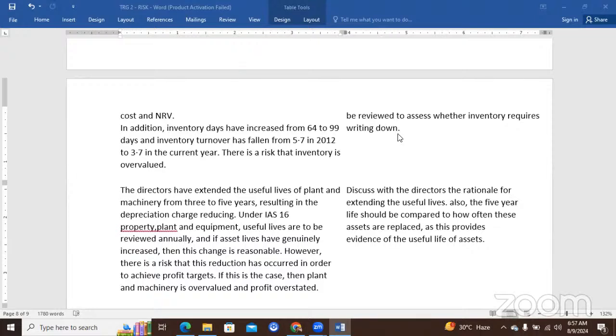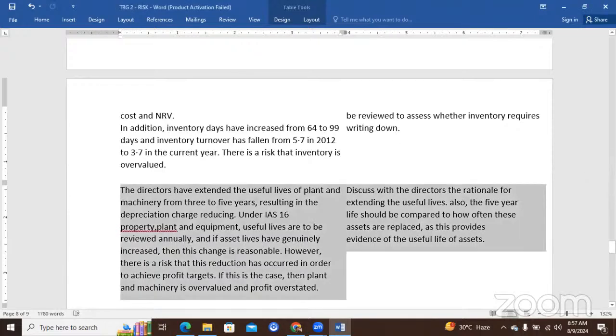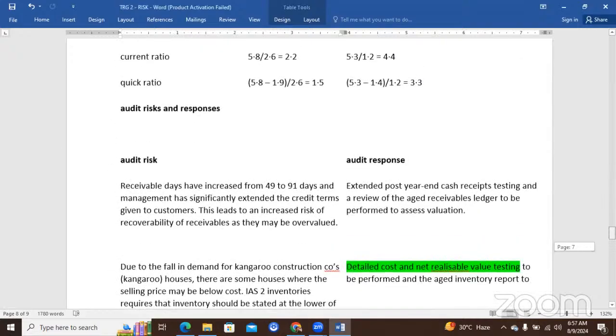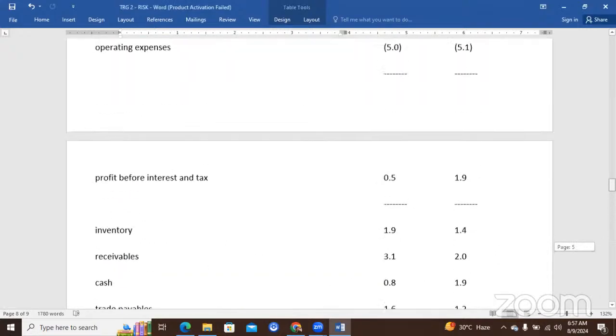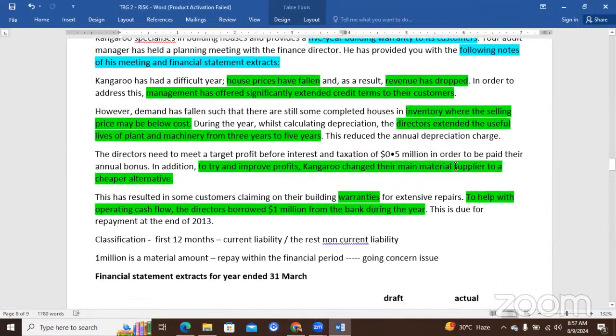Right. Now let's move to the case study again. If we go to this case again, see here. The directors need to meet the target profit before interest and taxation of 0.5 million in order to be paid their annual bonus. Right. See, they have a profit target.